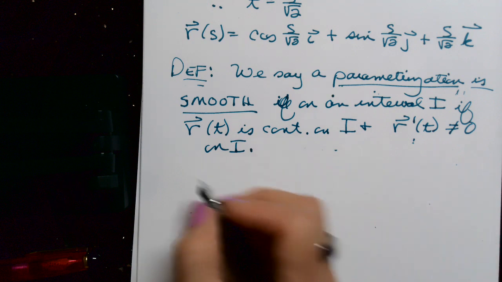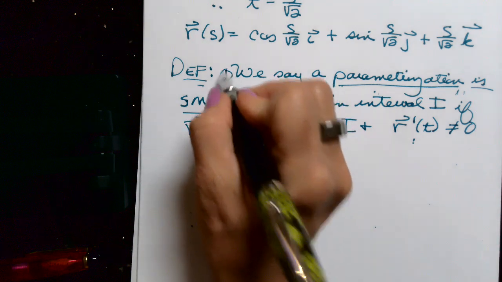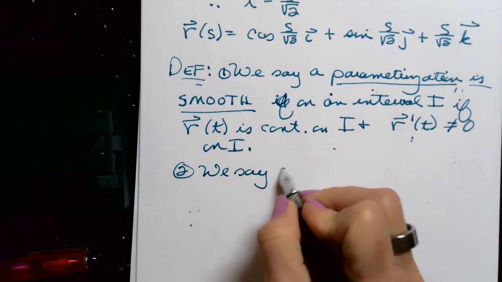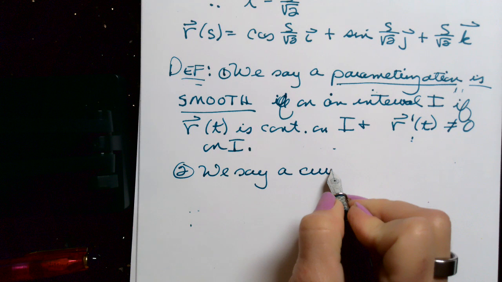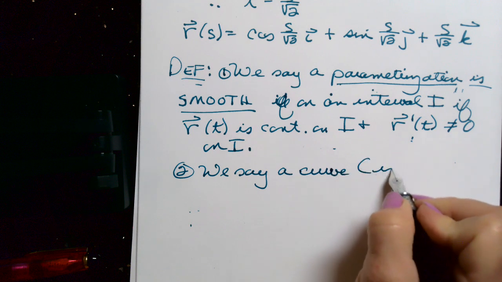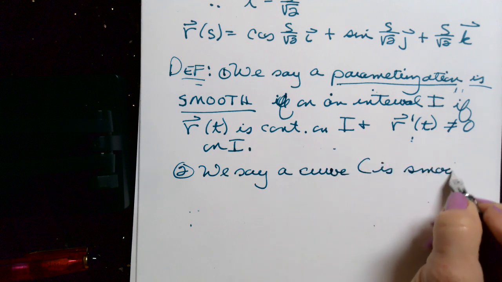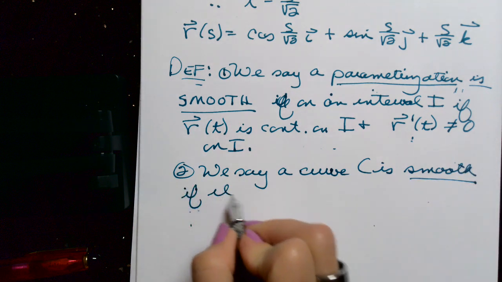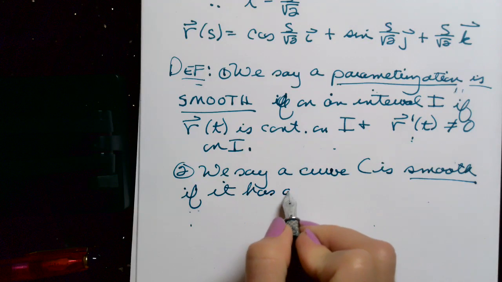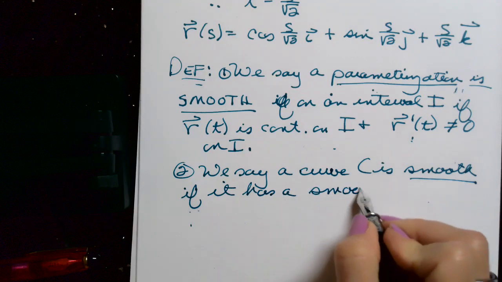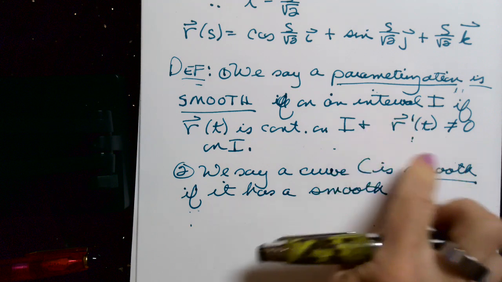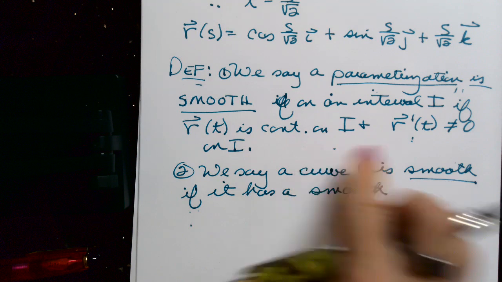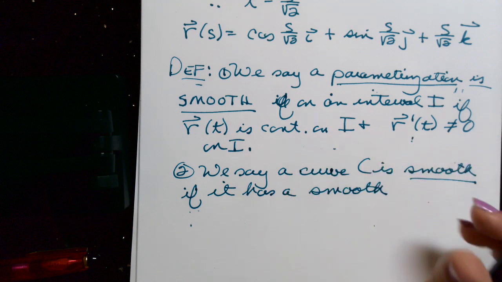Okay, and so this is definition 2. We say a curve C is smooth if it has a smooth parameterization. That is, there exists a parameterization so that it is continuous as a function of t and the derivative never vanishes.